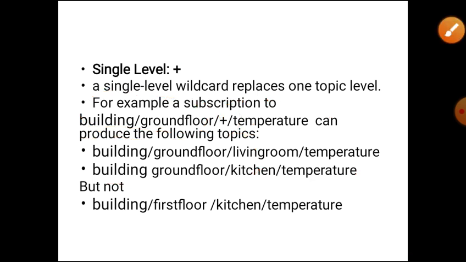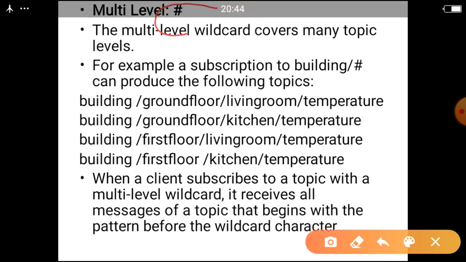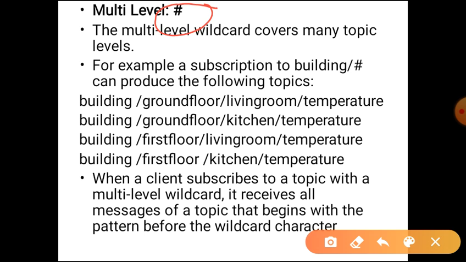That is what is indicated by this plus. You can also have one more wildcard character, that is a hash. Hash indicates multiple topic levels, not a single topic level. For example, if the client has used this topic name, then hash indicates these different topic levels: one topic level, another topic level, two topic levels.